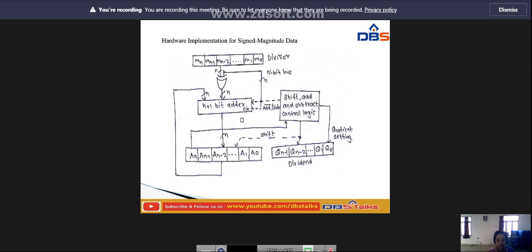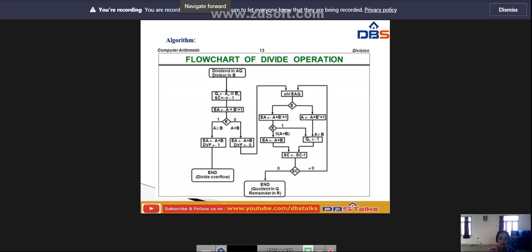For this algorithm I have a flowchart: dividend in AQ, divisor in B.